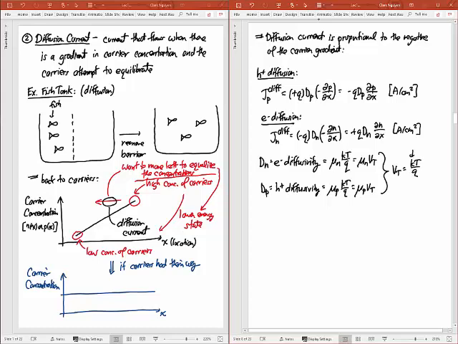K is the familiar Boltzmann constant that you should have seen in physics. T is temperature.